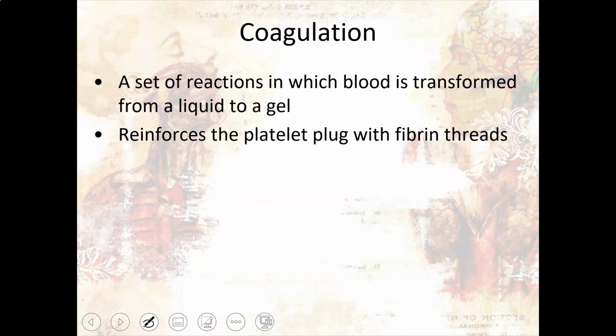This is a set of reactions that turns blood from a liquid into a gel. This is magic to watch. When you see it, what you see is this liquid, it's fine, and then all of a sudden out of this liquid, this mesh forms, and it's out of nowhere.